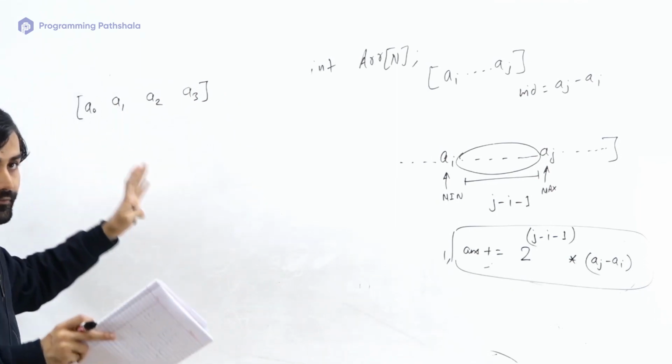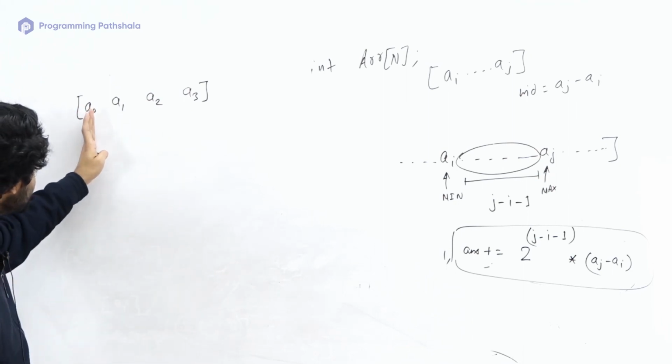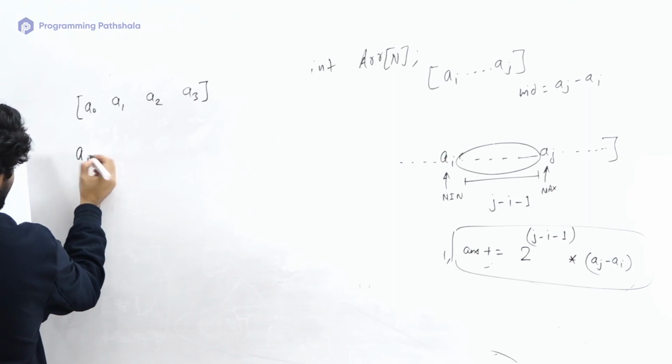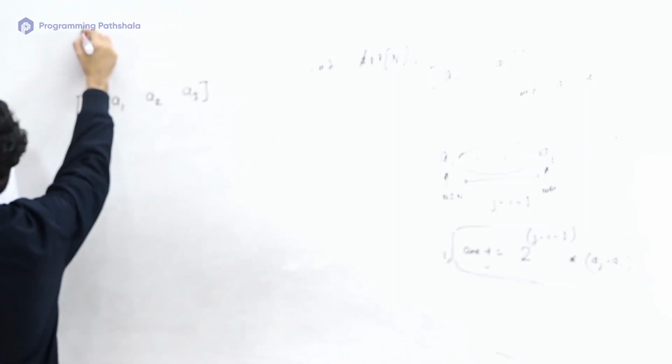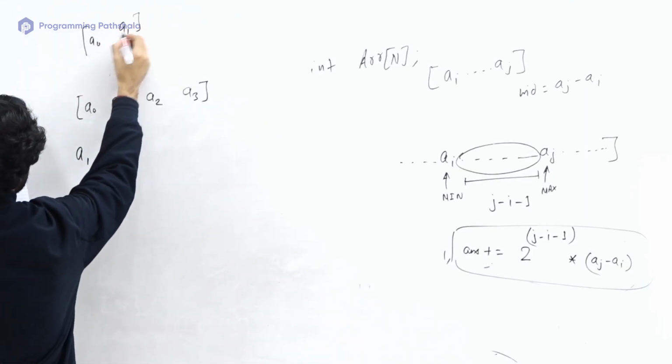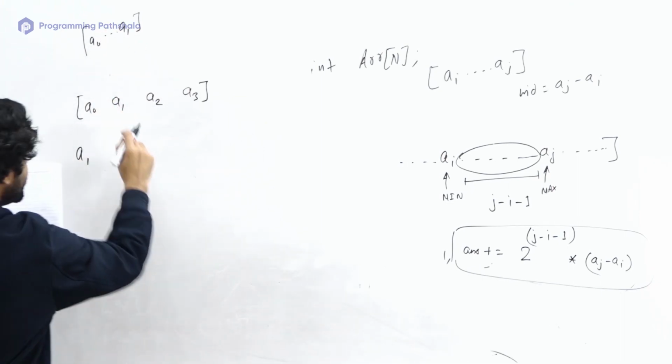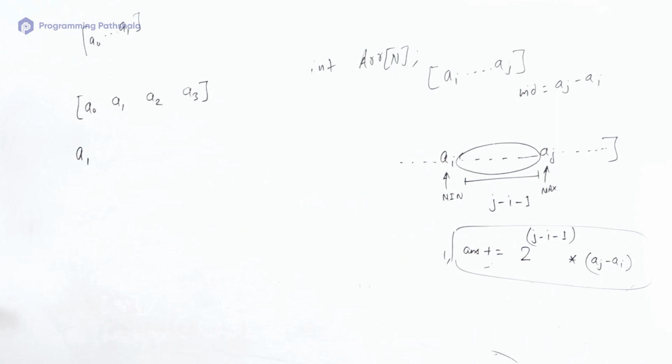So the first pair will be where minimum is A0 and maximum is A1. If I consider such pairs, how many elements come in between? How many elements are in between A0 and A1? 0 elements, right? So how many combinations can be there? 2 raised to power 0, which is just one combination.